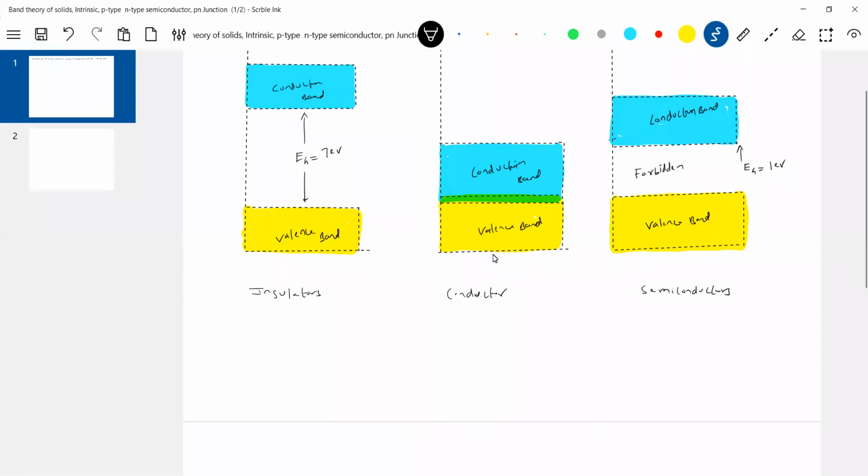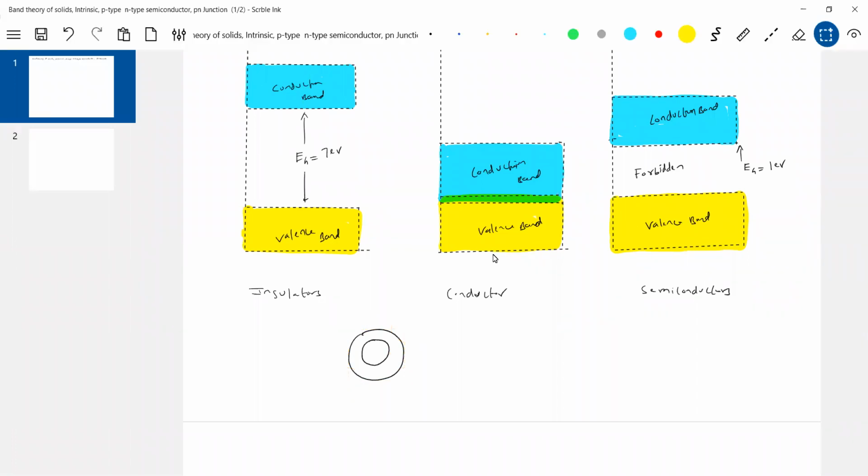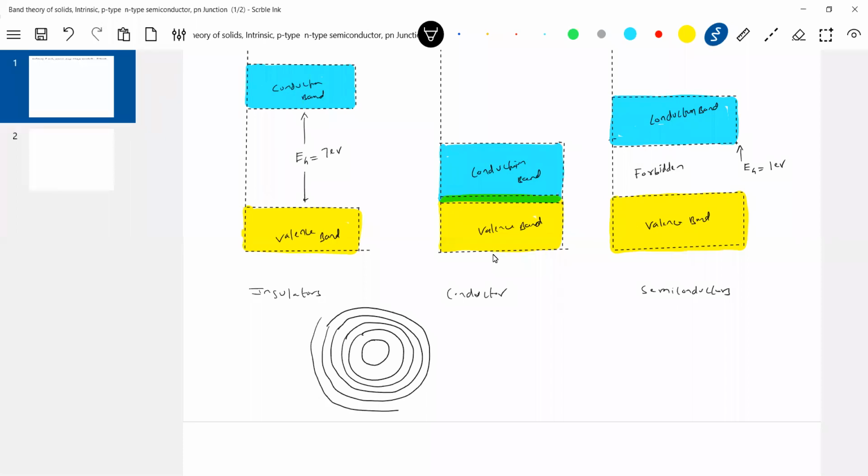So if you look at the atomic structure of the silicon, right, silicon.